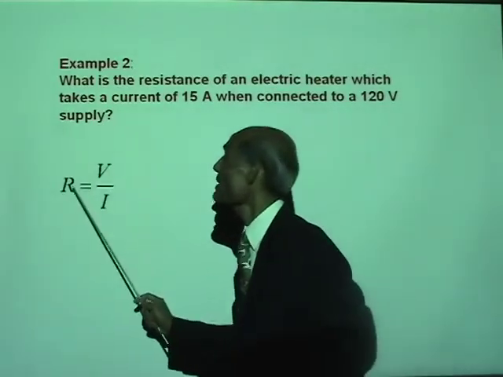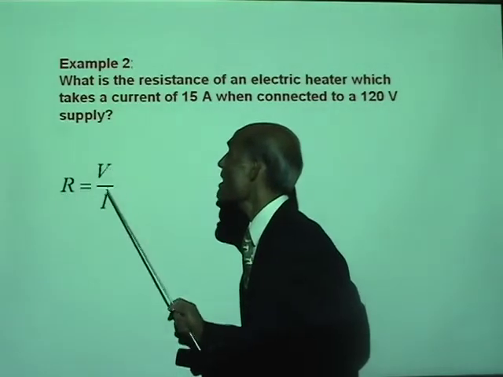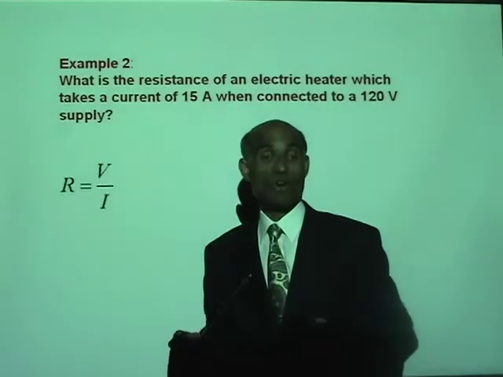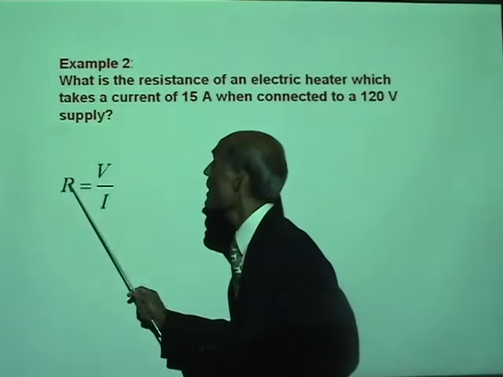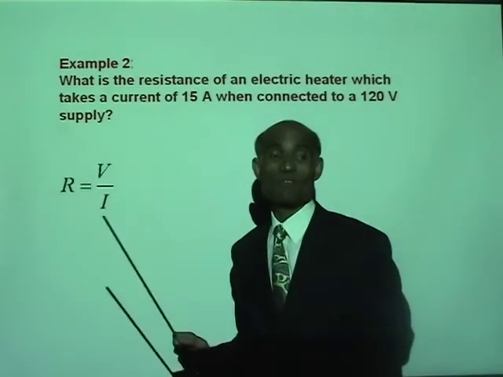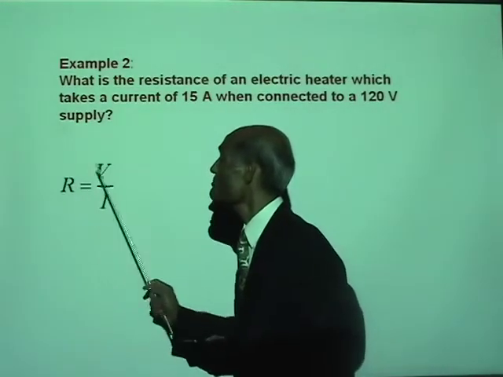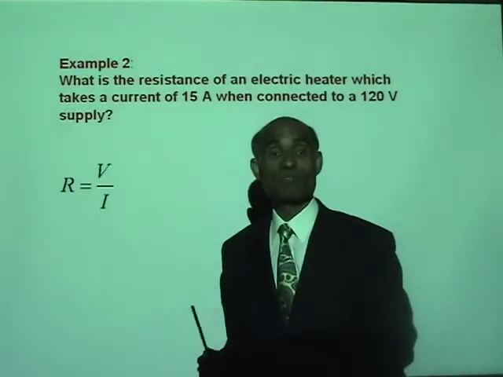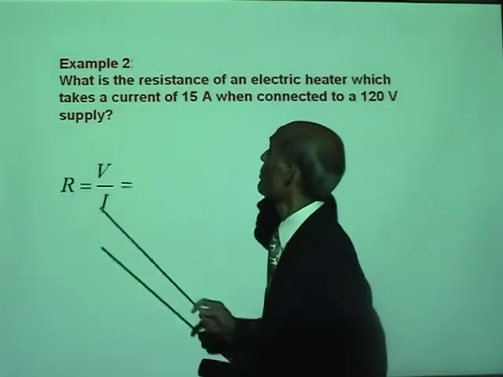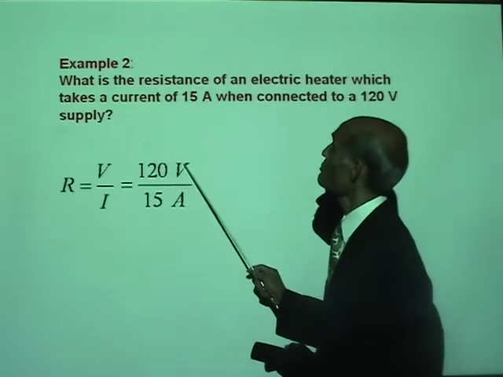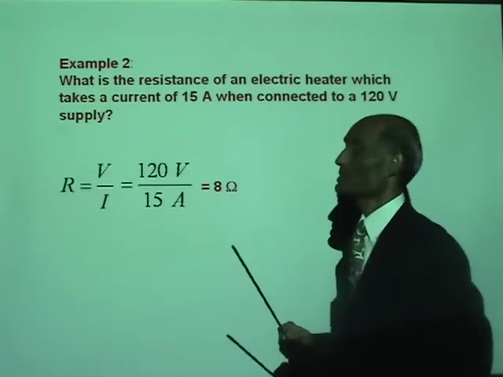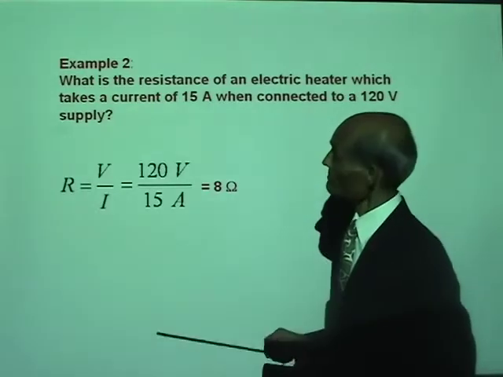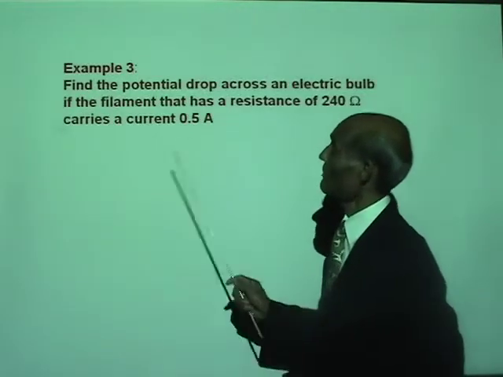We can therefore say R = V/I. You see, the original Ohm's law equation is V = R times I. Solving that for R gives me R = V/I. Now use those values, 120 volts divided by 15 ampere equals 8 ohms. Alright, another example.